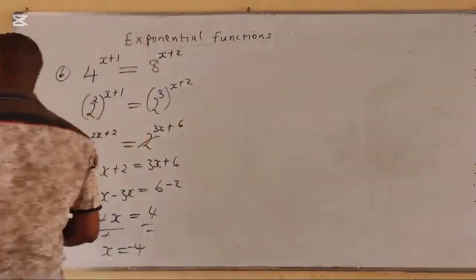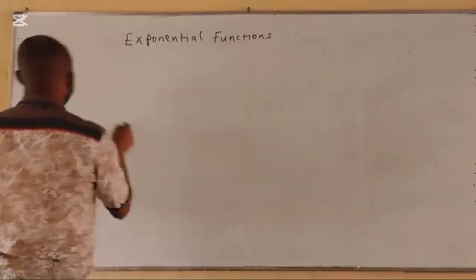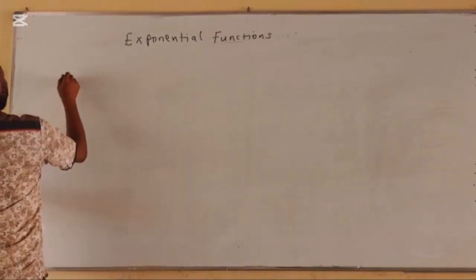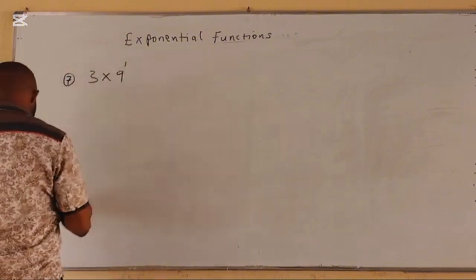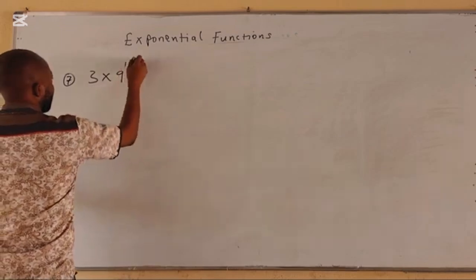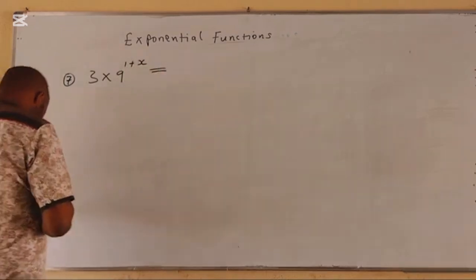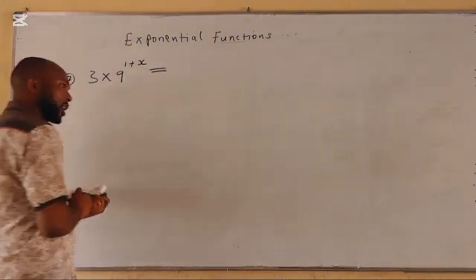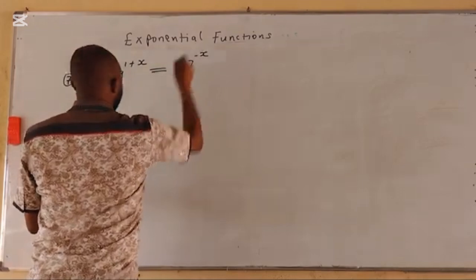Let's go to the 7th. Number 7. If 3 times 9 raised to the power 1 plus x is equal to 27 raised to the power minus x.